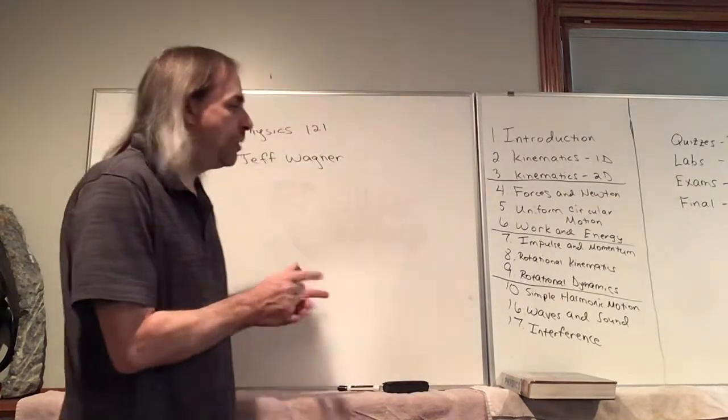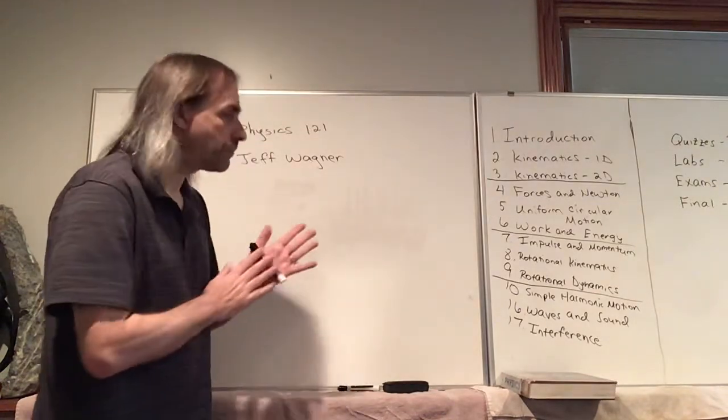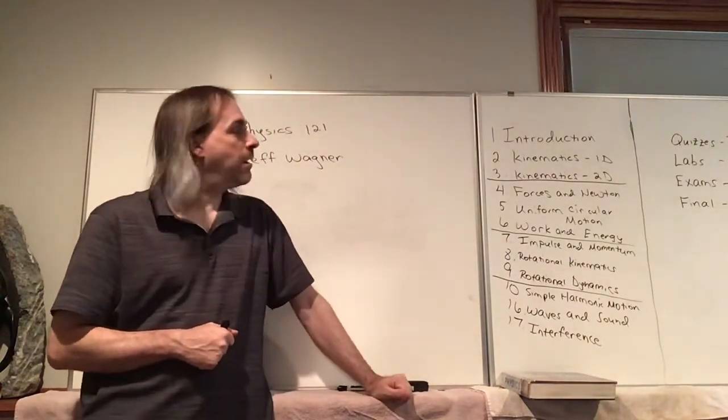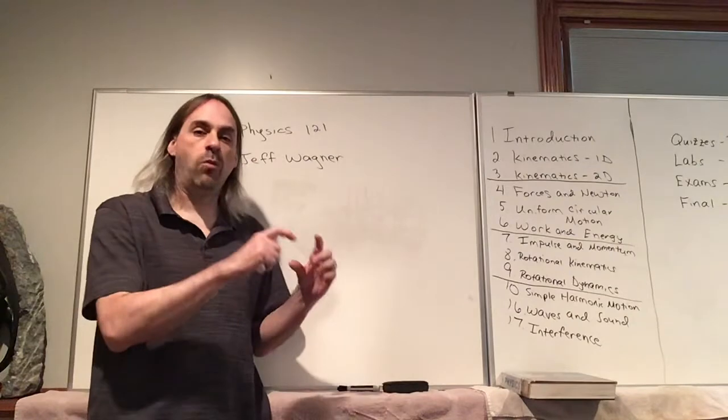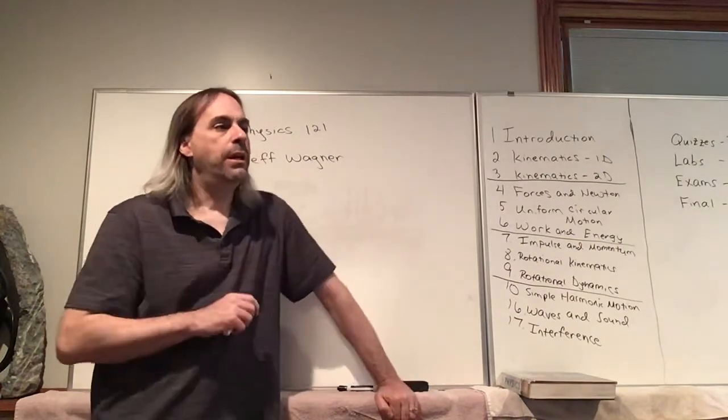Now, one thing I should point out, if you look at Canvas, which is where everything is, we have modules where I don't have a chapter 1 module or a chapter 2 module and so on.